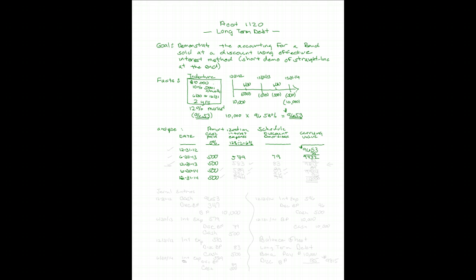That completes the first payment. 97.32 times 6% is 583, and the difference between 500 and 583 is $83 that we amortize out of our discount. Put that in. 97.32 plus 83 takes you up to 98.15.